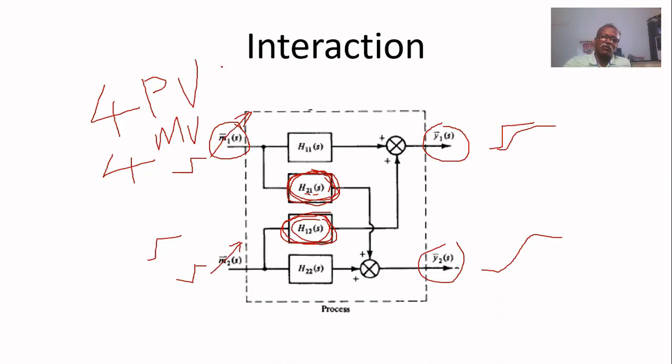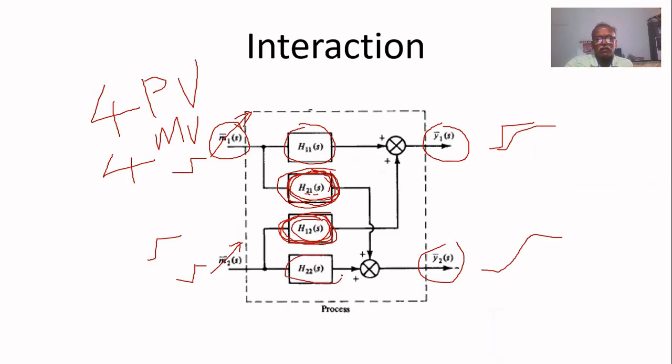So now in this 2 by 2 process we have 4 transfer functions. This is the input-output transfer function between M1 and Y1, keeping M2 constant. This is between M1 and Y2, again keeping M2 constant. This is between M2 and Y1, keeping M1 constant.